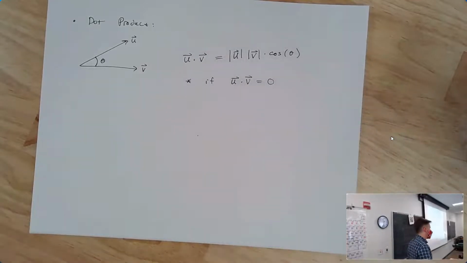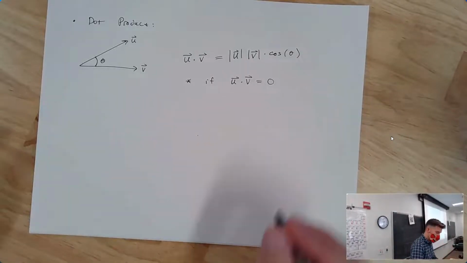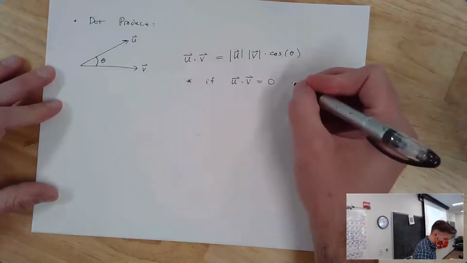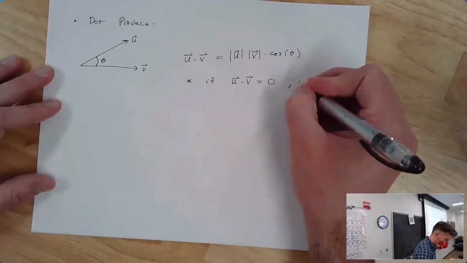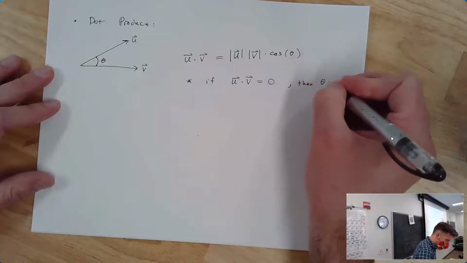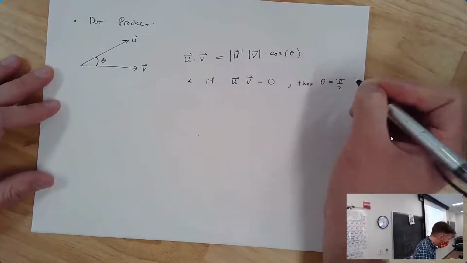And what angle does cosine equal 0? 90 degrees, or in radians? Yeah. So if the dot product is 0, we automatically know that the angle is pi over 2 radians, or 90 degrees.